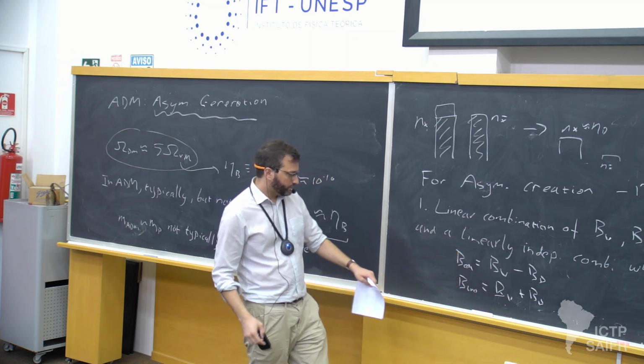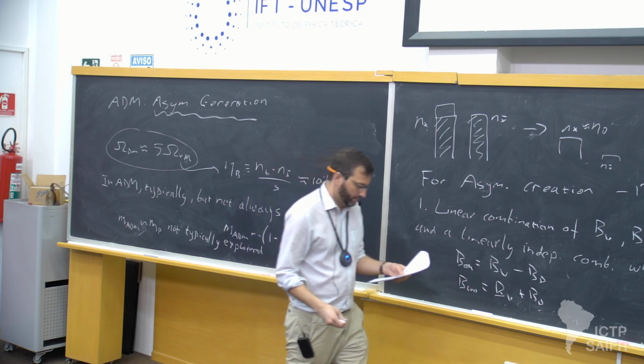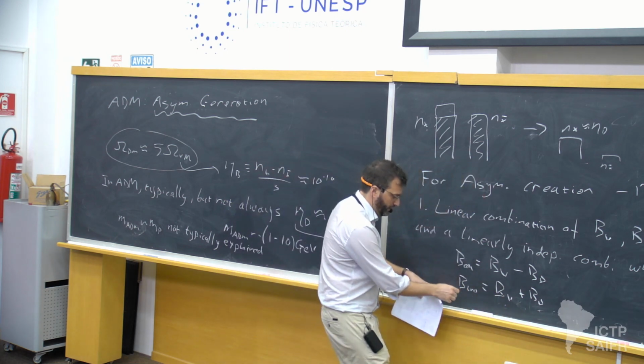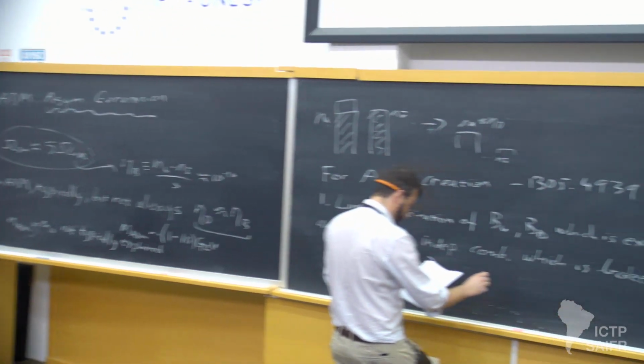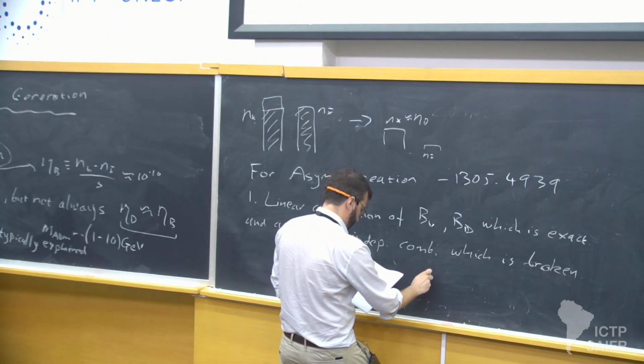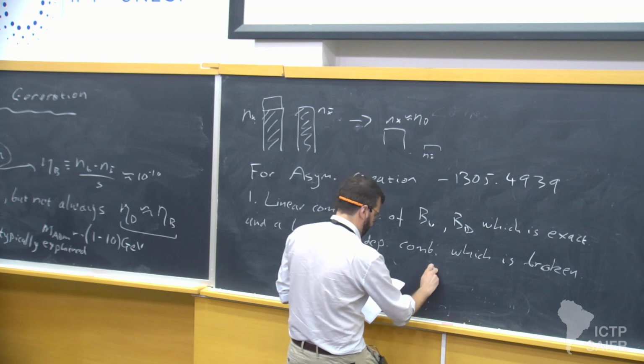So now we'll generate some asymmetry in this number, and call it eta.